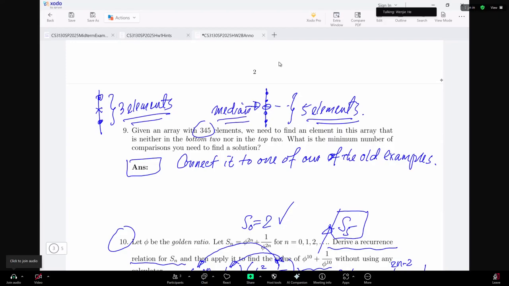Do you remember we have an example of how to find the median of 5 elements?